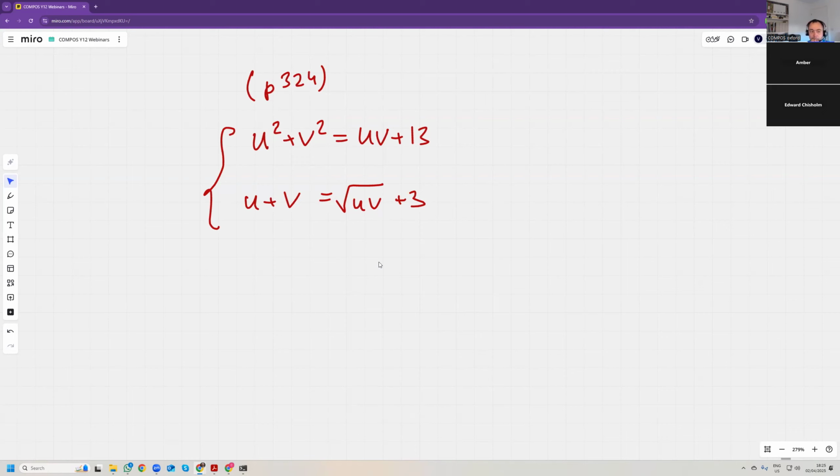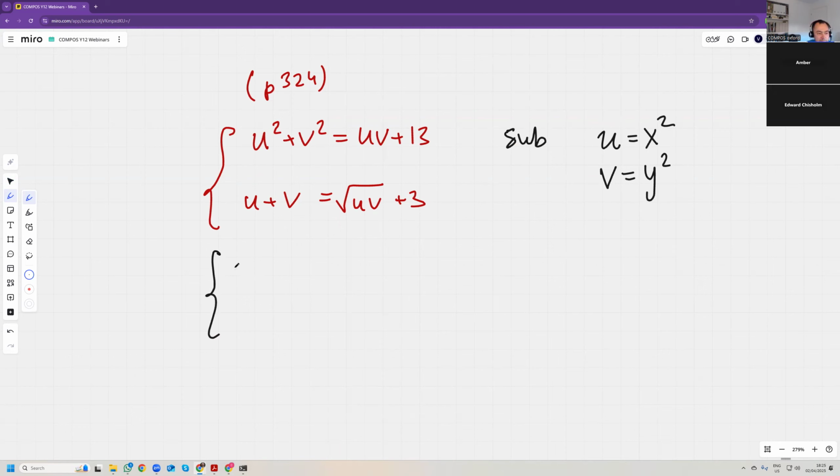So what you can do is a substitution. I'm going to substitute u as x squared, and I'm going to substitute v as y squared.